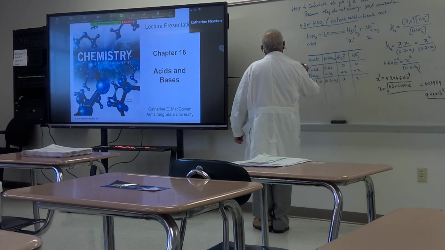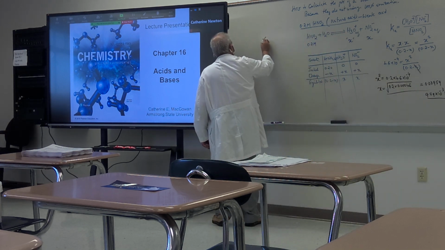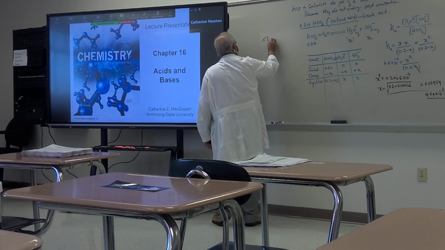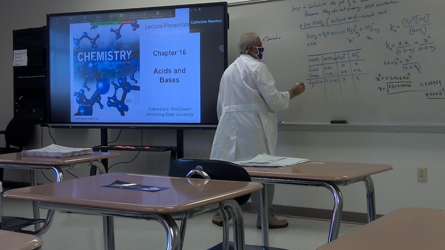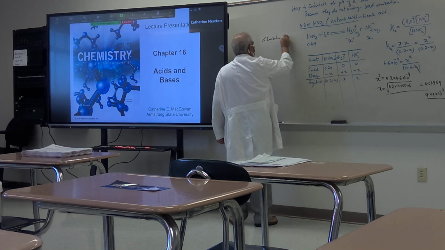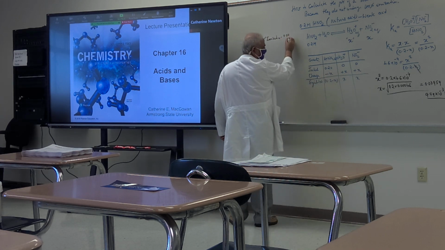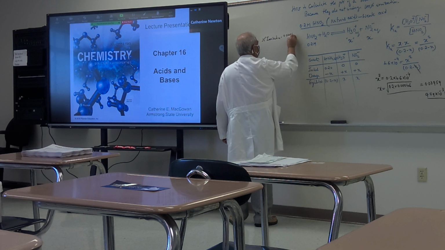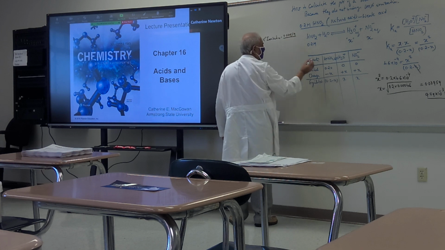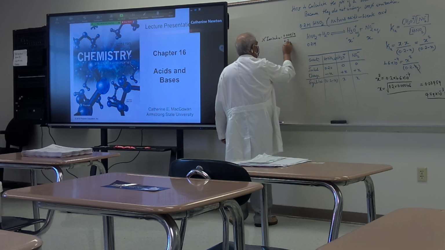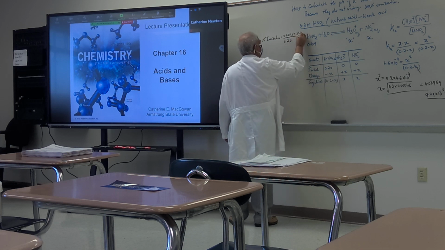So percent ionization equals, so how much have you got? 0.00959, right? Divided by how much is this? 0.2, that is what you started with, times 100.